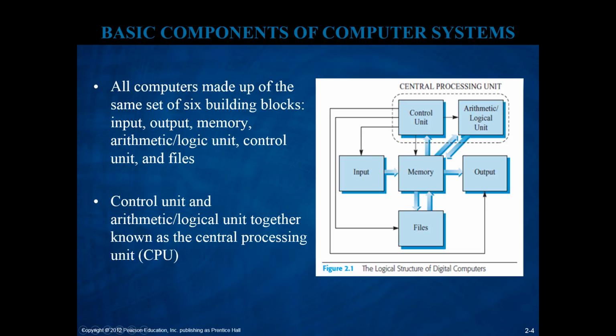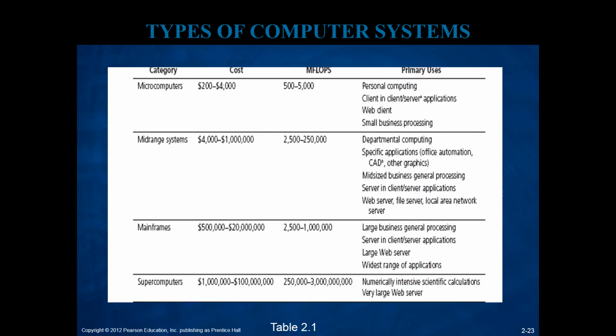Now, in the second part of this video presentation, we will talk about specific types of computers or specific types of computing systems that are out there. So we'll talk about such specific categories of computers as microcomputers that cost somewhere between a few $100 to a few $1,000.